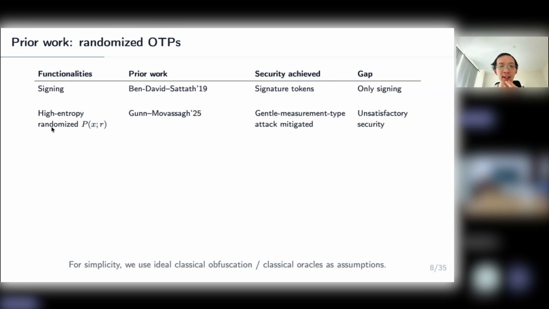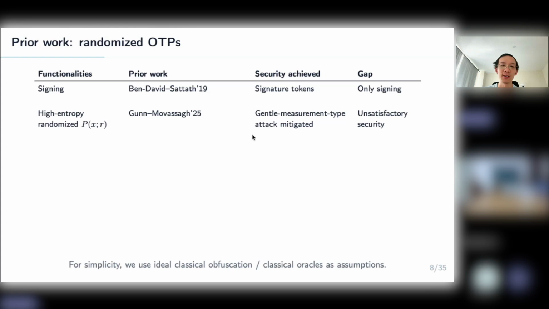One work is by Gan and Movassagh, who actually look into this exact question, and they constructed a one-time compiler for functionality. It takes as input some randomness R and then some X, and then it outputs some output that has high min-entropy.